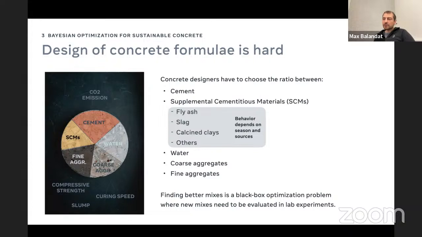So it's a hard problem, and it's not that we have great models for this. So typically this is done empirically: you'll make a mix, you'll make a batch, you pour some concrete columns, and then you wait for a while, and then you crush them in a lab and measure the strength at which they break. So it's a costly endeavor that requires a good amount of lab time.